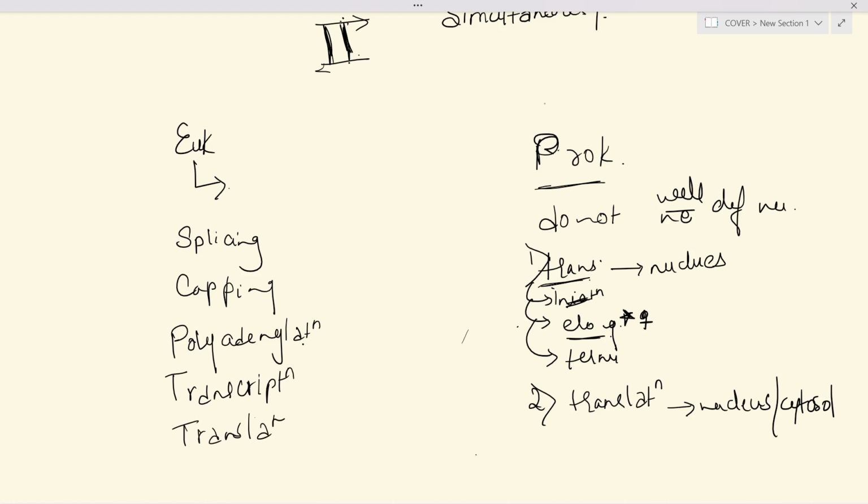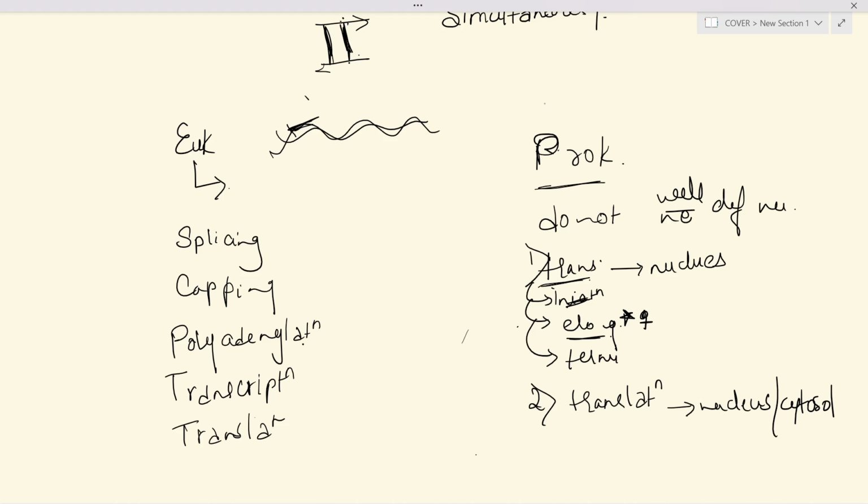Suppose this is the DNA sequence present in eukaryotes, and this part which is there, we need to remove. So in splicing, they cut this part, it comes out, and then it's cut off from the rest of the DNA. As a result, the unwanted intron is removed.